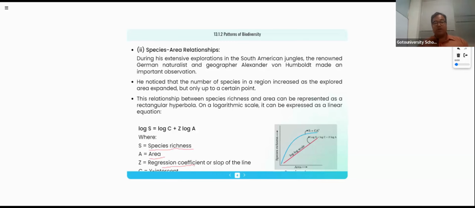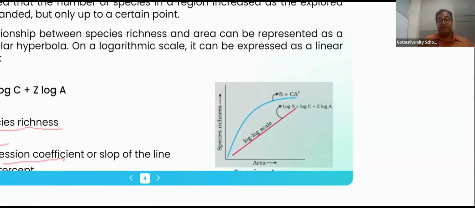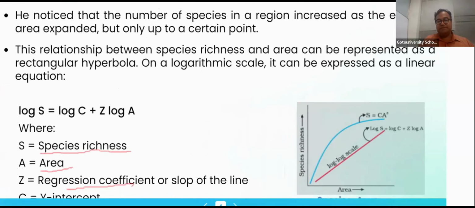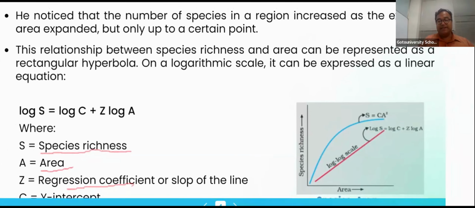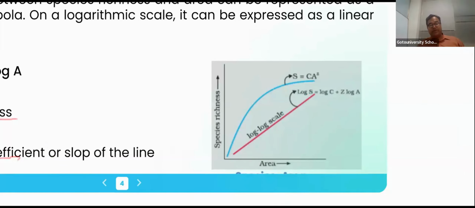When I brought y = mx + c, m is the slope, as we already told you. The same concept you integrate in this diagram. The blue curve is the rectangular hyperbola. Is it a parabola? No, it is not a parabola. It is a rectangular hyperbola, right? And this is the equation of a straight line, right?